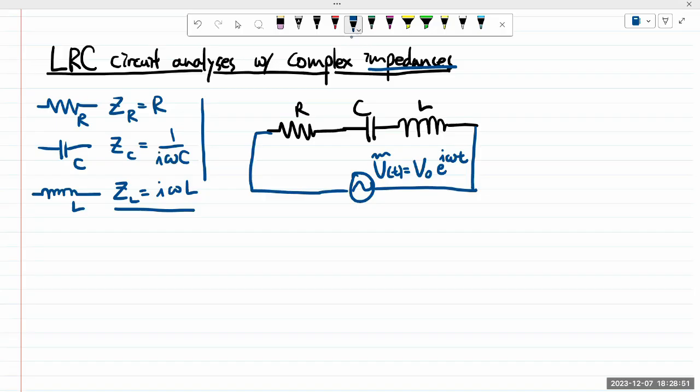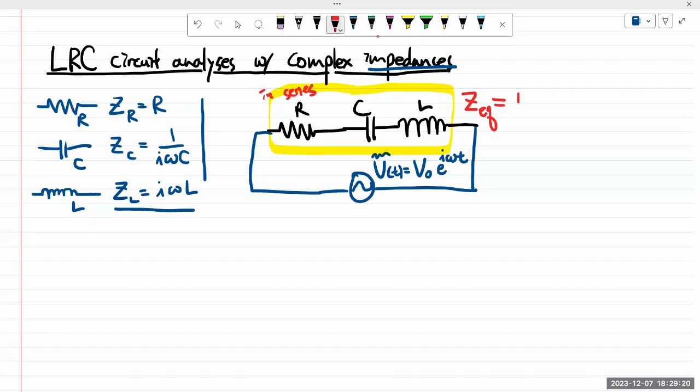So let's imagine you have these three elements connected in series. And I just said you can add these elements like you add resistors. So what that means is if you're trying to combine them all into a black box, and you're trying to think of the equivalent impedance of these three elements added together, you add them like resistors in series.